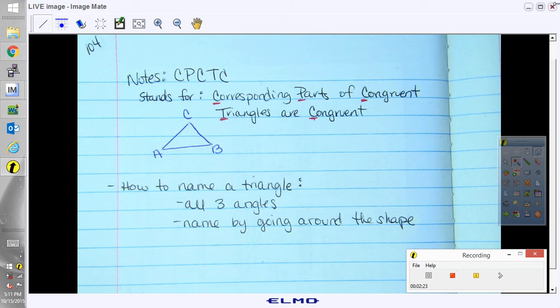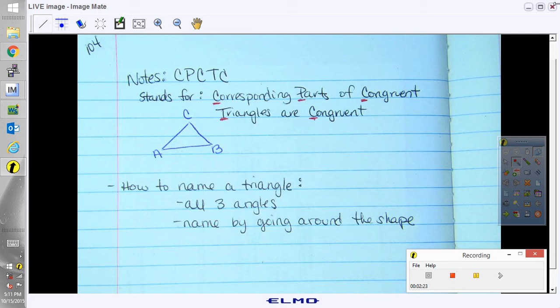Now, since a segment has two endpoints, we can also name each segment in the opposite direction. So instead of AB, the same segment could be referred to as BA. So for BC, what would be another name for naming BC? CB. Good job. And then last, if I wanted to rename AC in another way, how could we name that? CA.